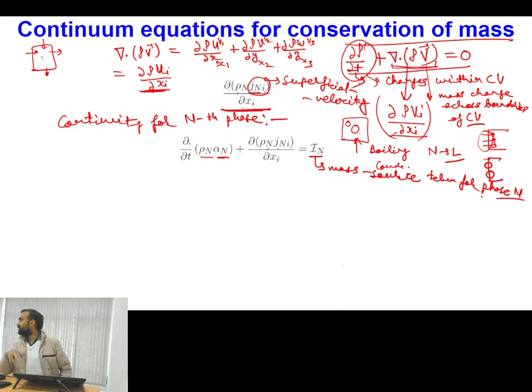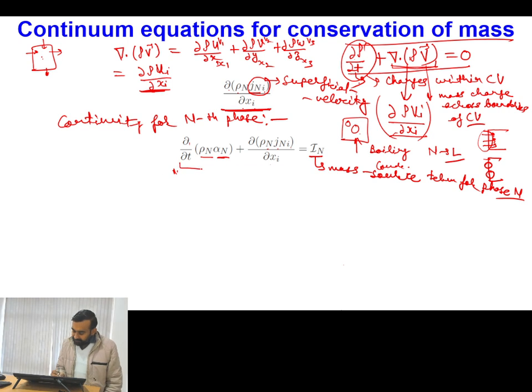So there this term will become positive. Is this point clear? But if I consider the nth phase as vapor, then the terms will be of opposite sign. So this is just an example I am giving at the moment.